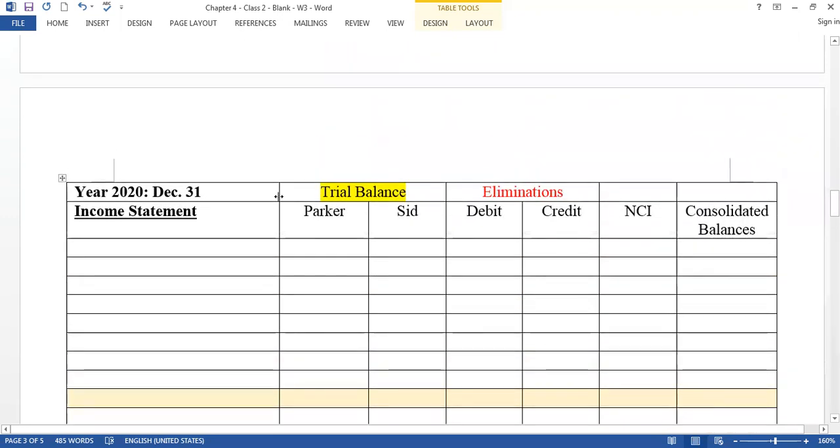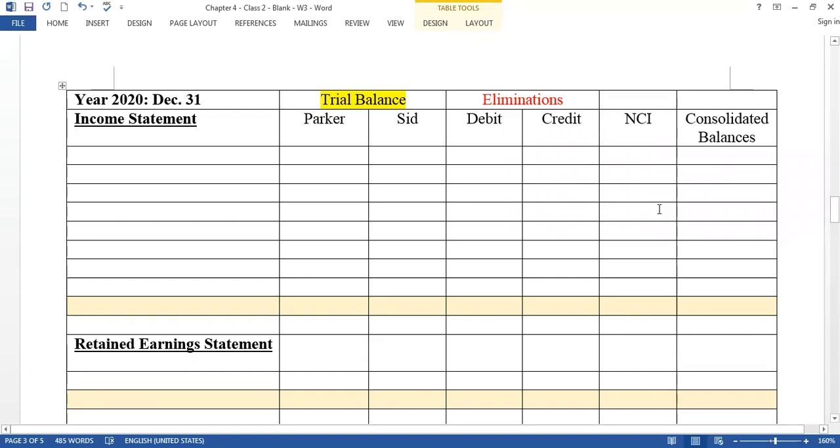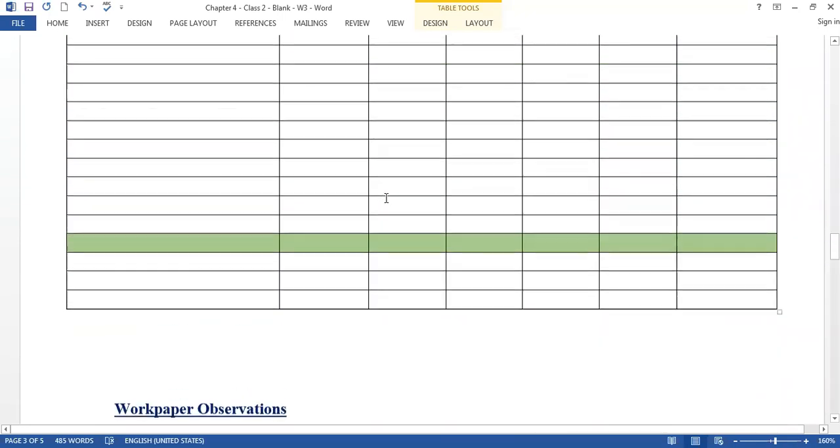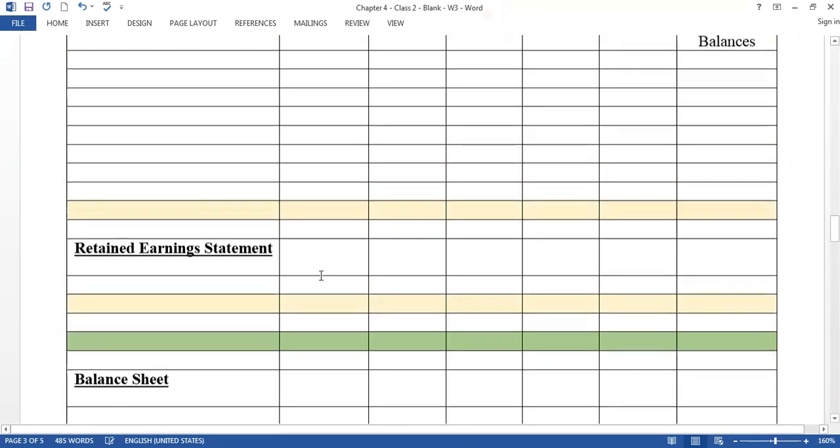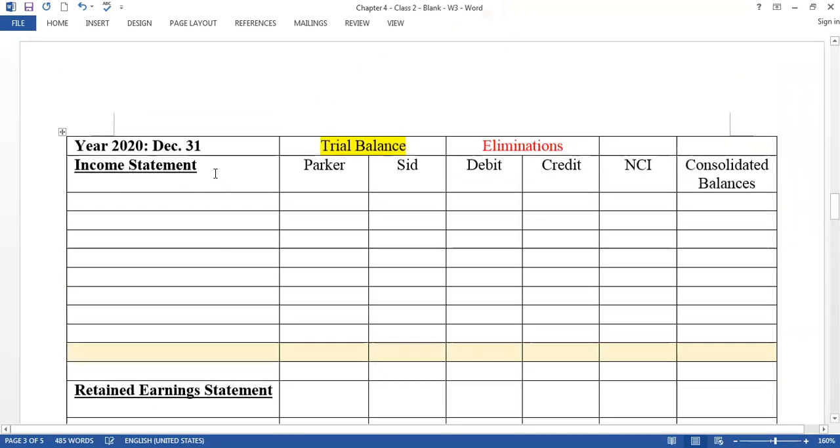In your exam, I will give you a blank sheet like this, and you have to solve it by yourself. How to prepare an income statement, you already learned in your previous accounting courses. First, you start with revenue, right? You look at your question, it already has sales revenue.